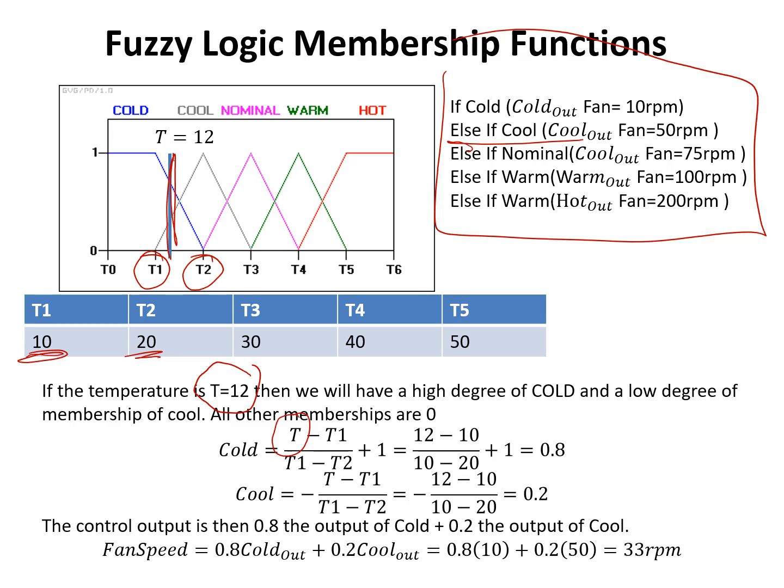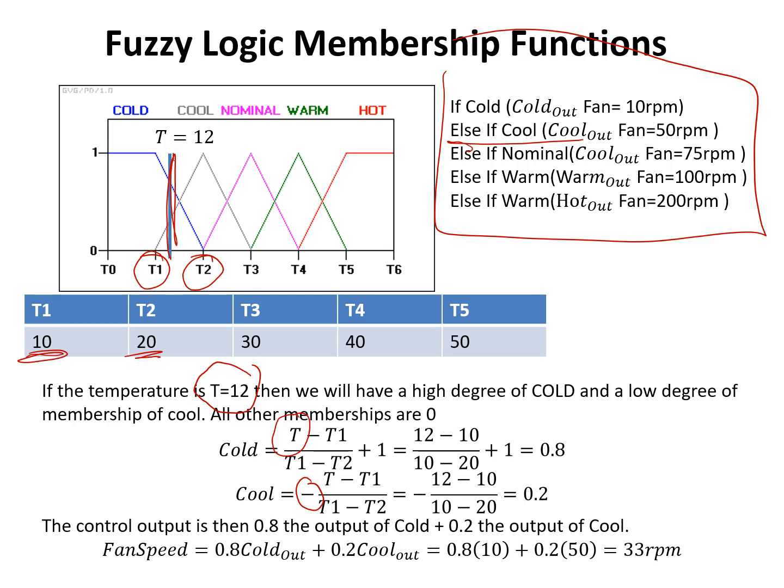So what we basically do is, on the lower logic membership function, we have the equation T minus T1 over T1 minus T2, and for the next logic state we have minus T minus T1 over T1 minus T2. What you'll see is basically just a negative sign there.